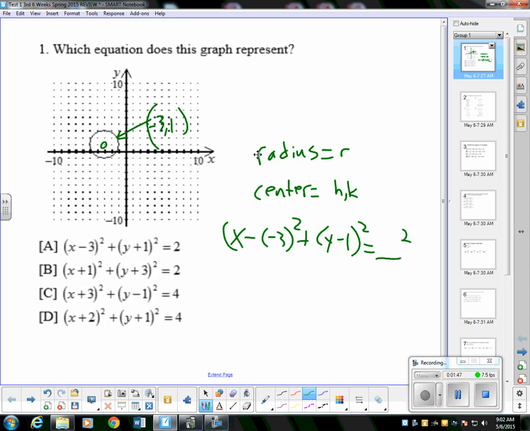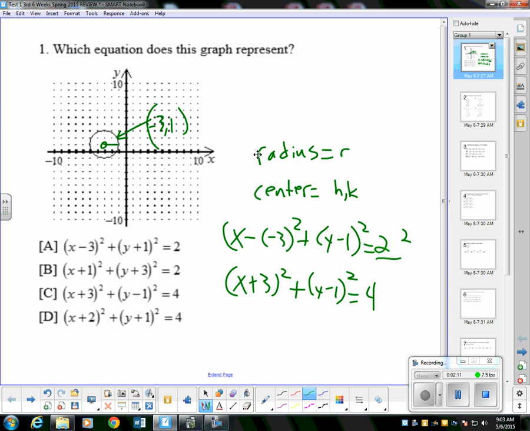Well, my radius is nothing more than the distance from the center to the edge, and you can do it in a multitude of ways, but if you just simply eyeball this, you can tell that that radius is going to be 2 units. Which is going to make that 4. Okay, so we have x plus 3 squared plus y minus 1 squared is equal to 4.